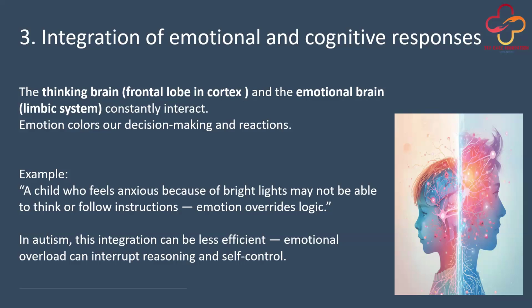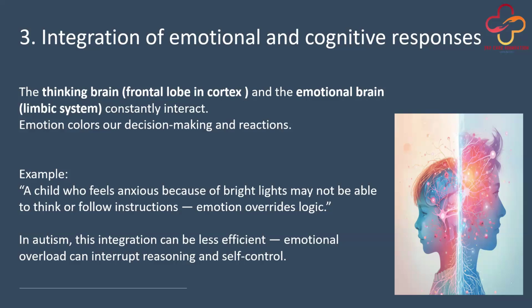Bright light is a sensory input, but because of it the child has gone into an anxious state. With this anxiety, the emotions override the logic, the frontal lobe and cortex, the thinking brain, and the child is not able to follow your instructions or think. In autism, this integration can be less efficient. Emotional overload can interrupt reasoning and self-control also.